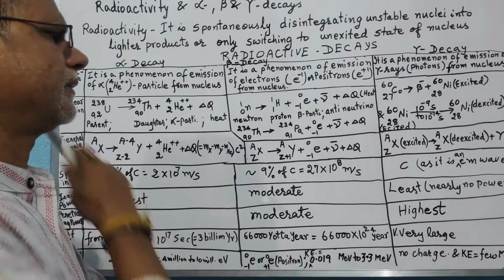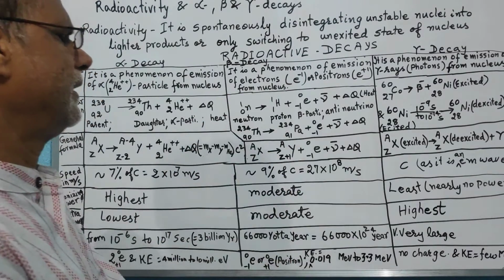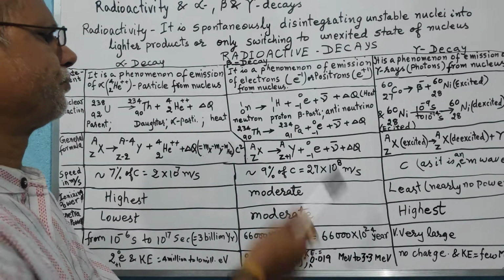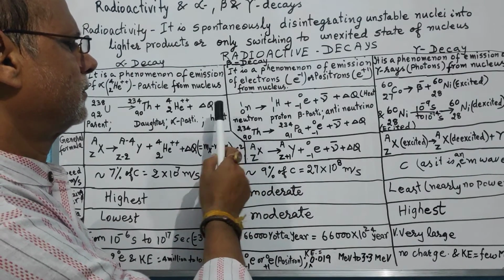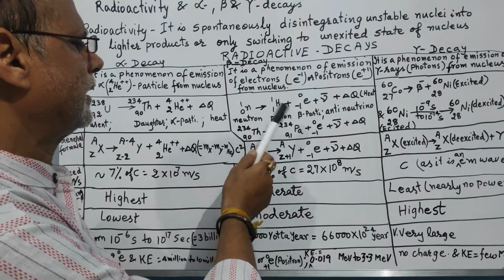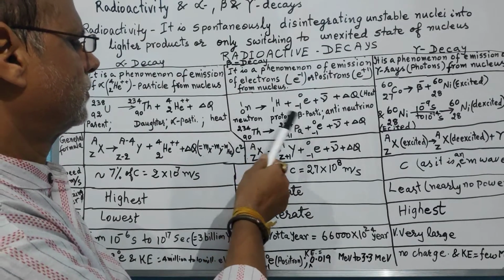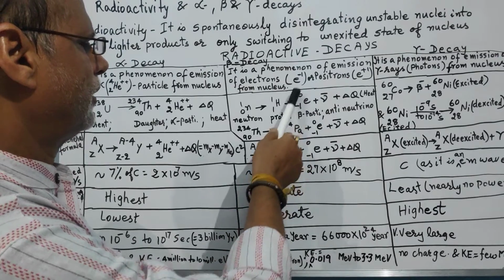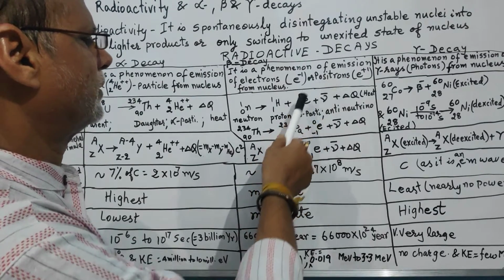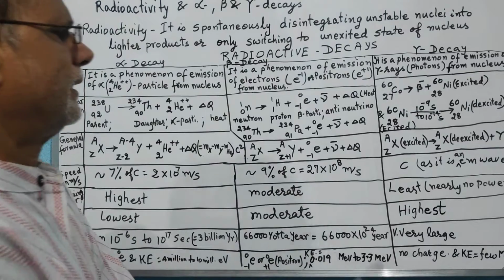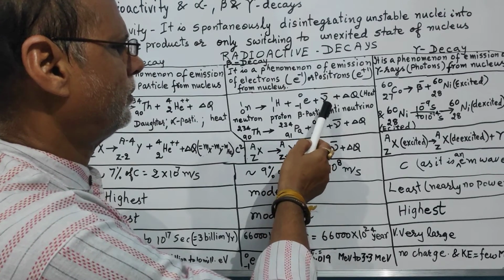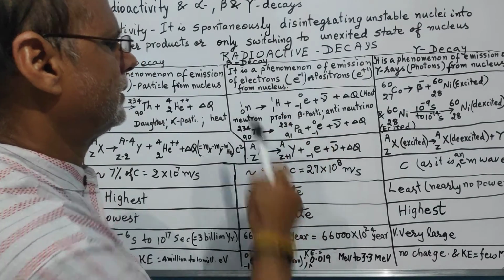If we consider emission of a positron, then instead of electrons, positrons are emitted, and instead of antineutrino, the neutrino is emitted.